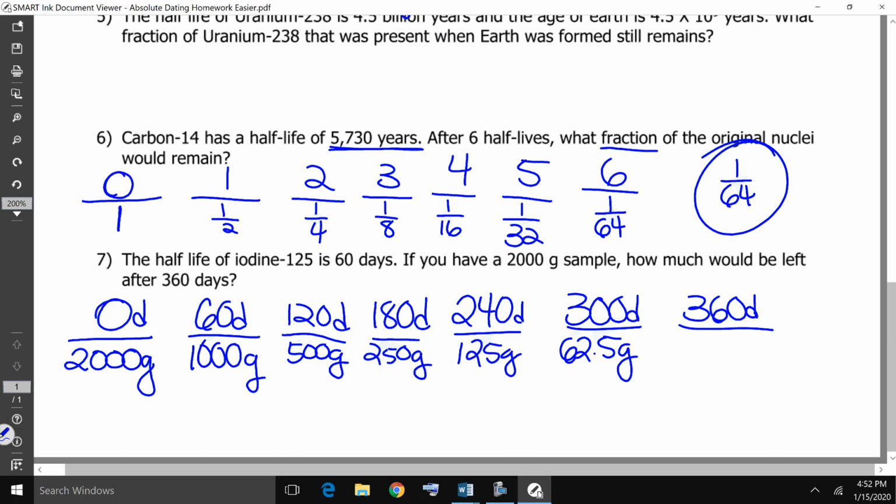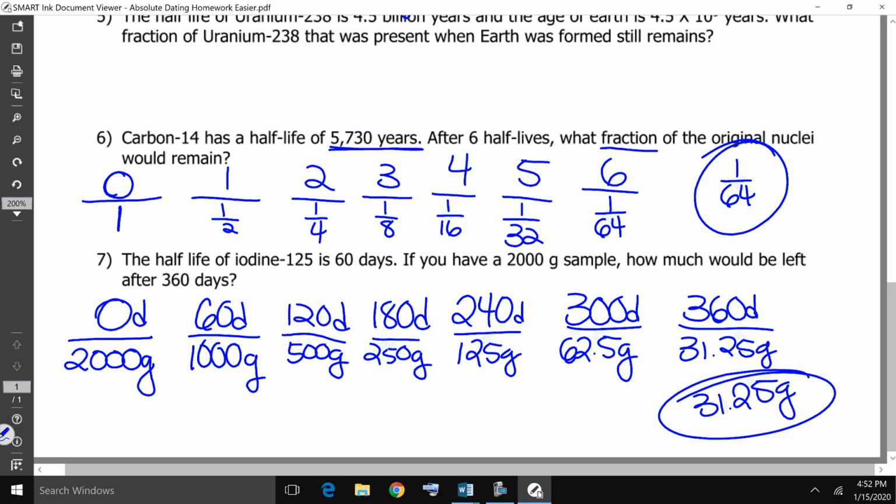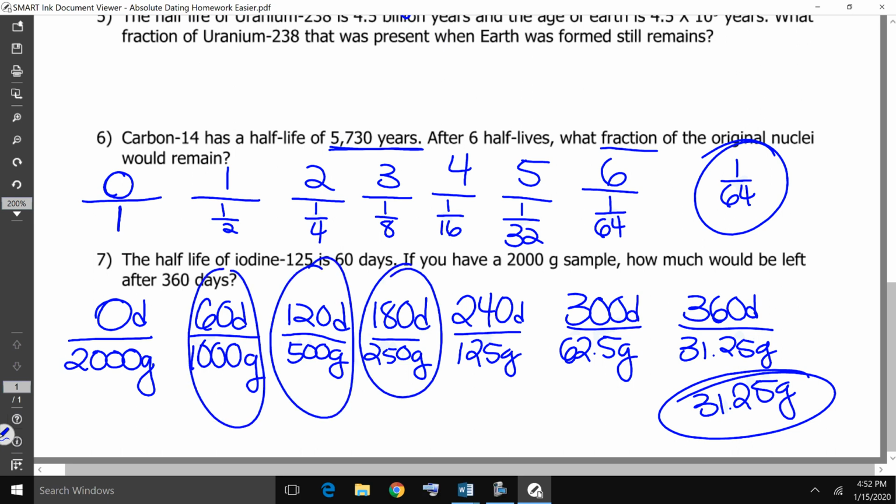And 62.5 divided by 2 is 31.25 grams. So again, I arrived at the same answer. Rather than doing it each one together, instead I went across the top and across the bottom.